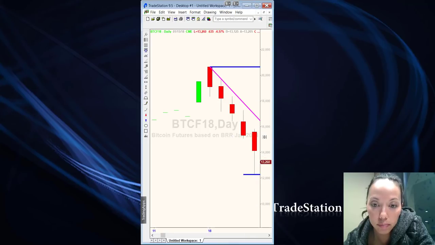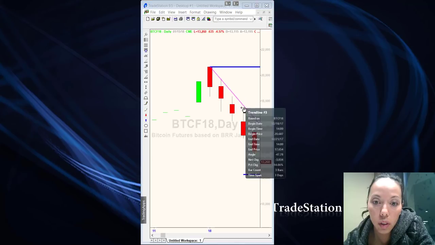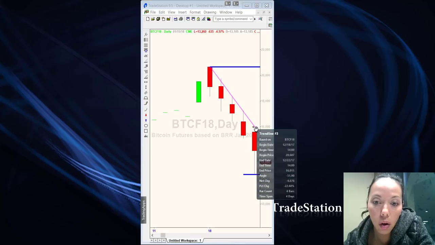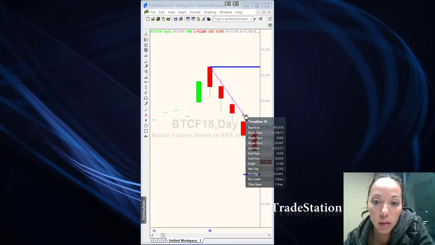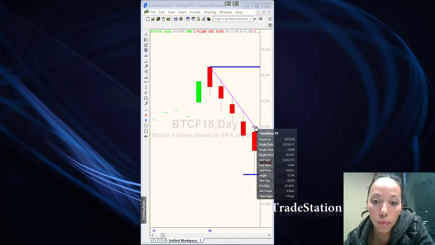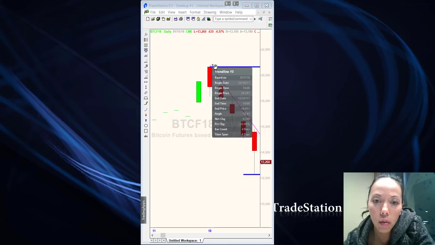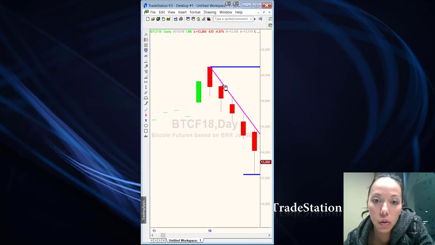Still on a downtrend. Now, I can change the angle of this, make it a bit more steep. Now you can cut off the wicks. Actually, no. Because it's futures. Futures on the CME are regulated and centralized, so everyone's seeing the same numbers.